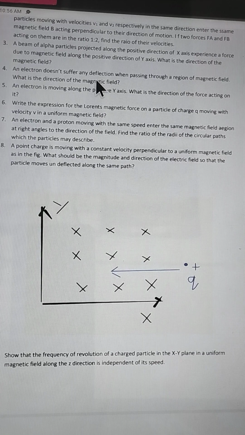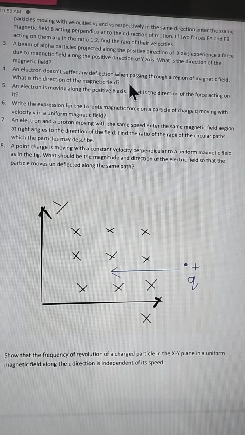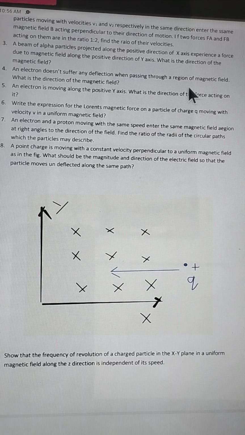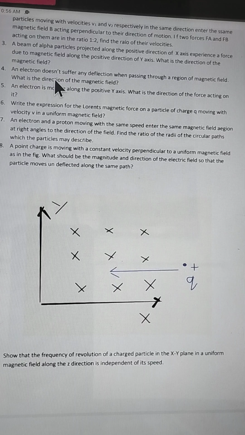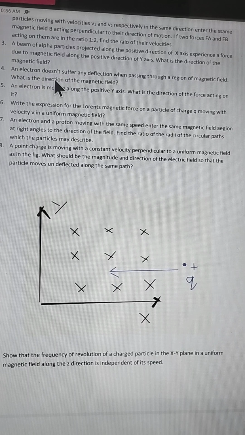This electron doesn't suffer any deflection when passing through a region of magnetic field. So the direction of magnetic field should be parallel to the direction of motion of the charged particle, or it can be anti-parallel to the direction of motion of the charged particle.